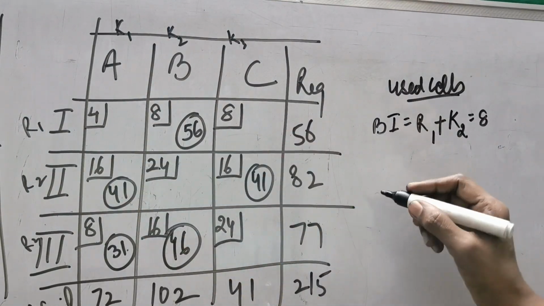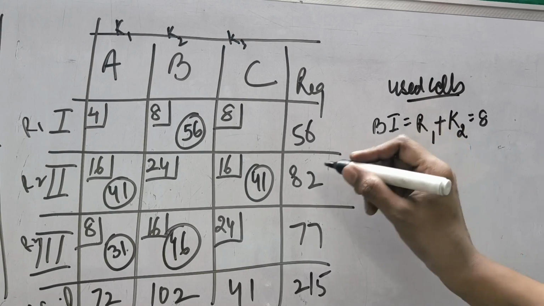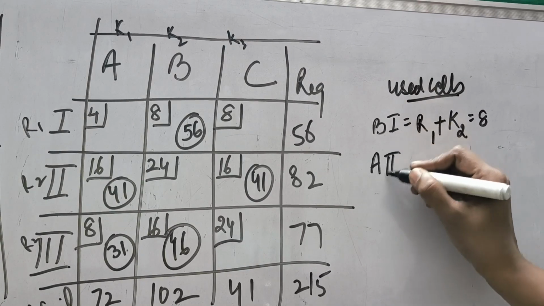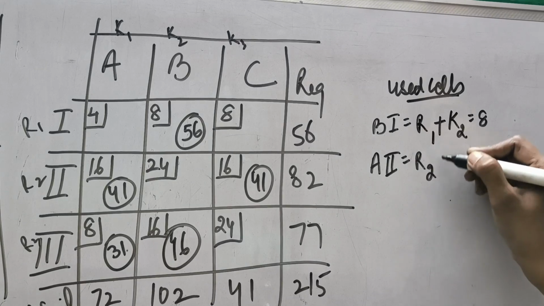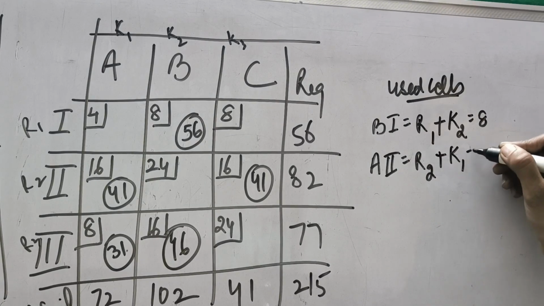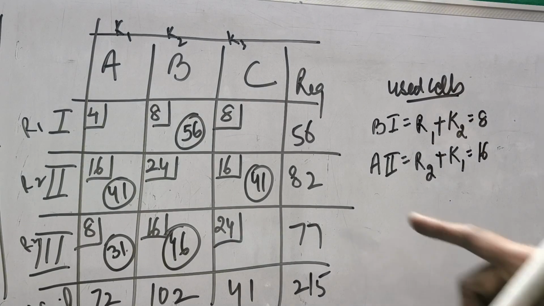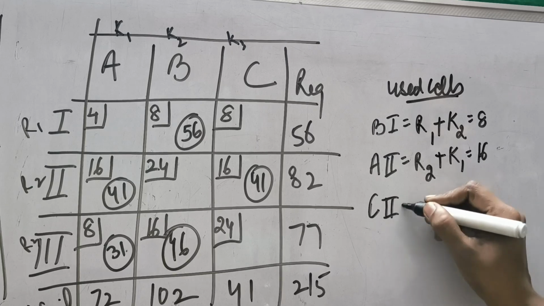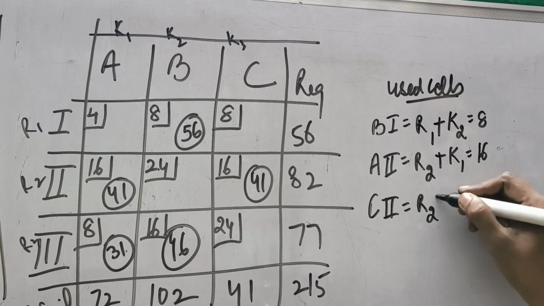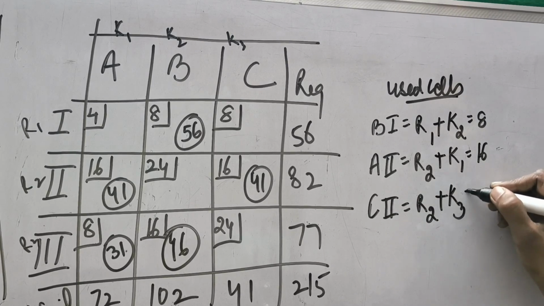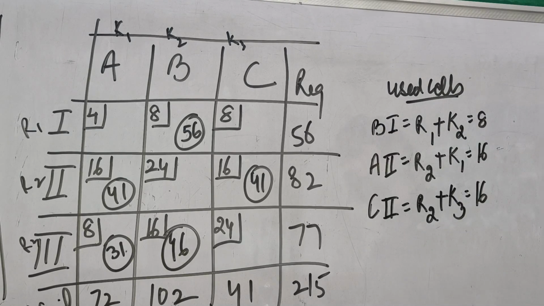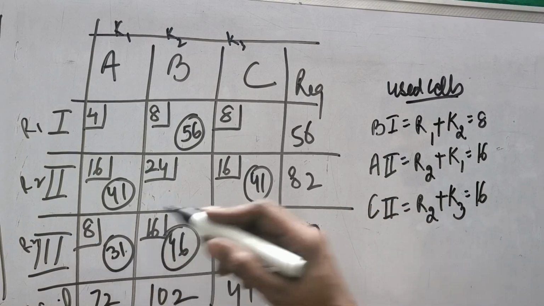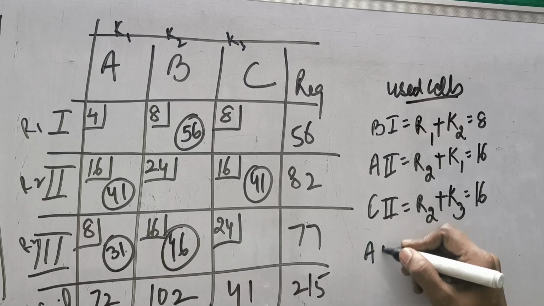Second used cell is this. This is A2 and this has been created by row 2, column 1 and the value is 16. Next used cell is this. It is C2. It has been created by row 2, column 3 and its value is again 16. Then used cell is this, that is A3.